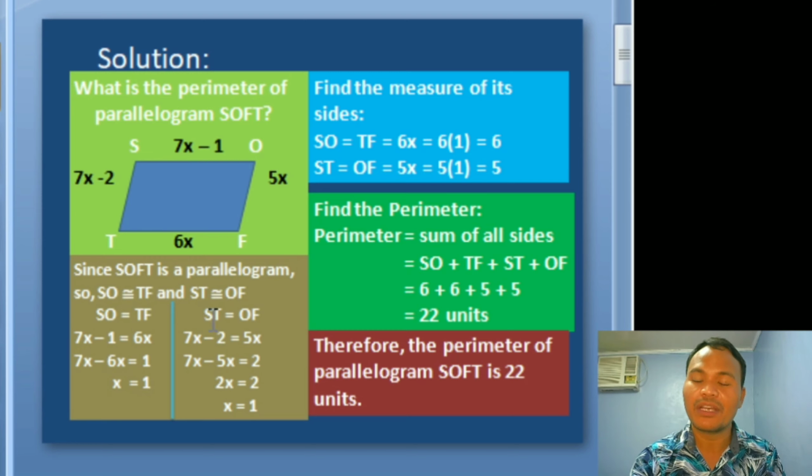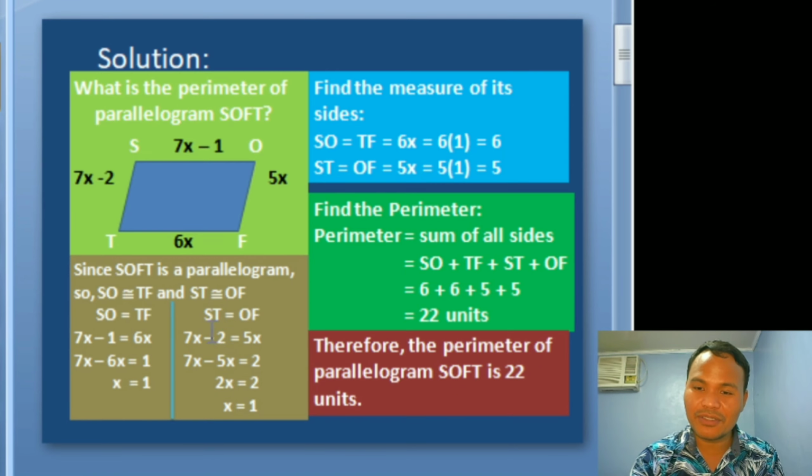We can also use ST and OF in solving for x. So if we use ST and OF, here's our solution. Same, we substitute the value of ST, which is 7x minus 2, and OF is equal to 5x. Then solving for x by combining like terms and the use of transposing. 5x we transpose to the left side of the equal sign, it becomes negative 5x.